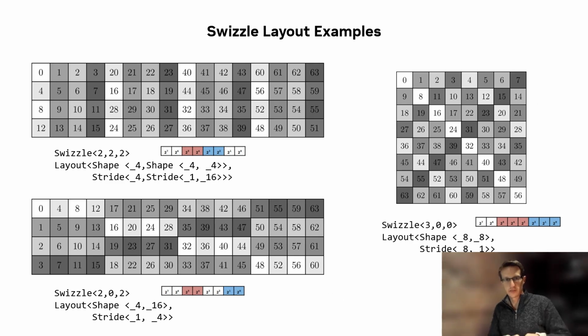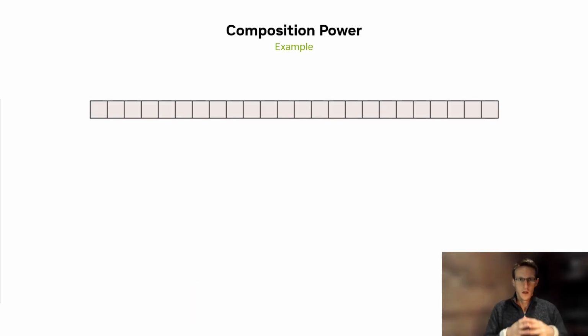In addition, CuTe supports swizzle layouts as well, to avoid shared memory bank conflicts, for example. Though writing them takes more practice, and I won't go into the details here. At least they are easy to visualize and toy around with. We've found that being able to experiment with different layouts of data has made the optimization process in CUDA much easier.